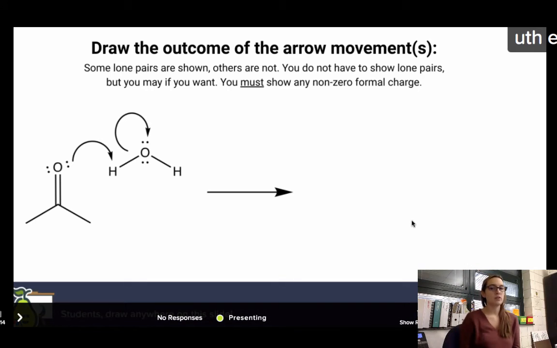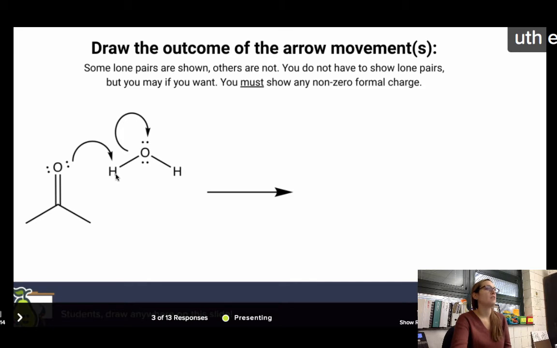Okay, so here's another one. Notice again, it's showing exactly the movement of electrons. So this lone pair is moving to the hydrogen, meaning it's creating a bond.